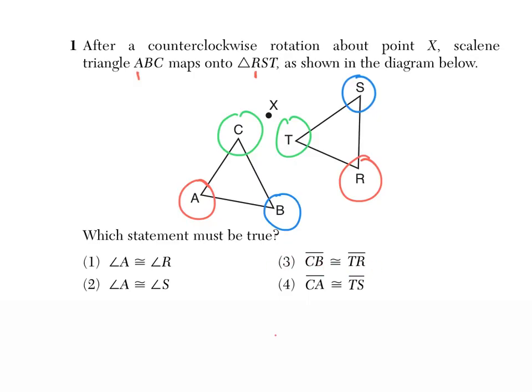So CB, orange, blue, TR, blue, red. Nope, those are not aligned. And then CA is congruent to TS. So CA, green, red. TS, green, blue. No, that's not a viable option. The correct answer is A. Angle A is congruent to angle R.